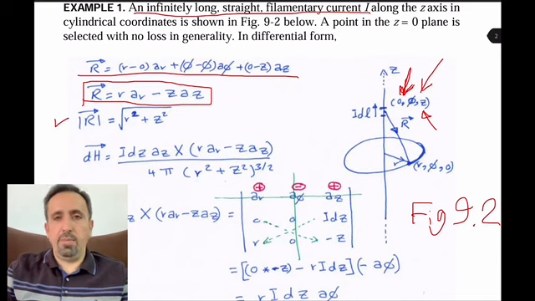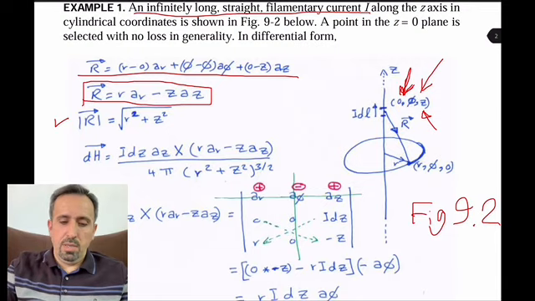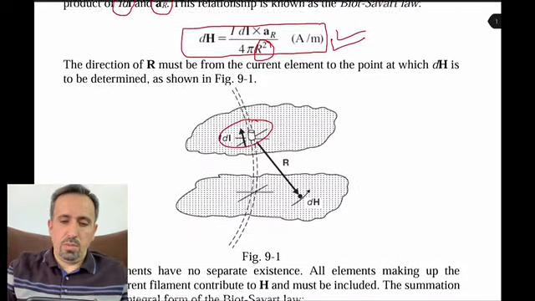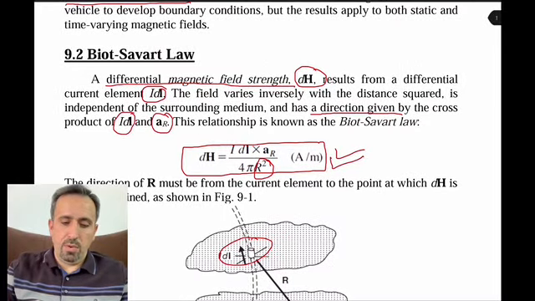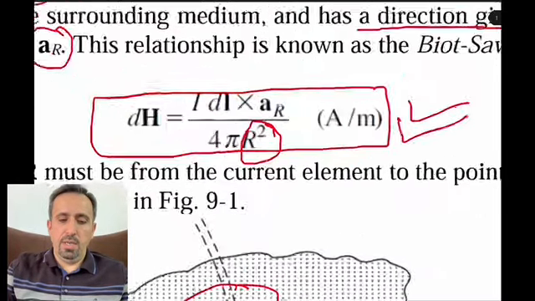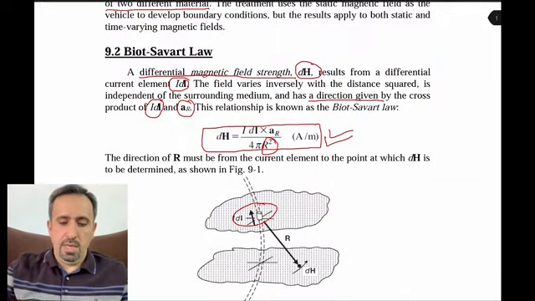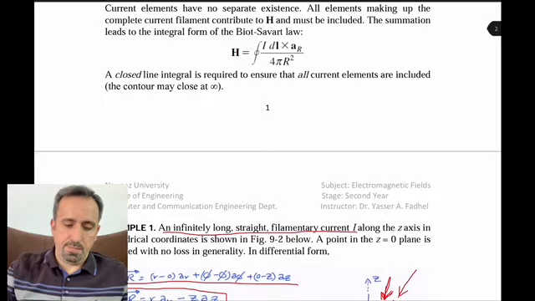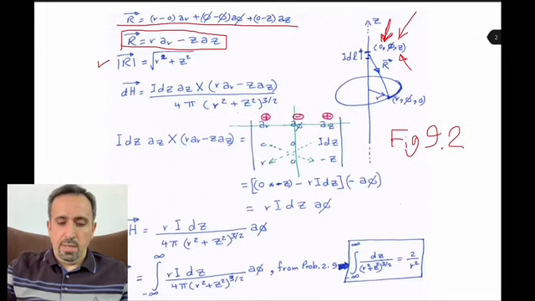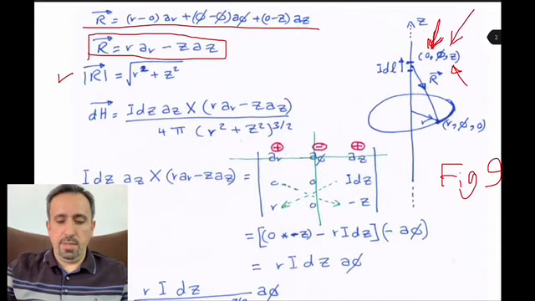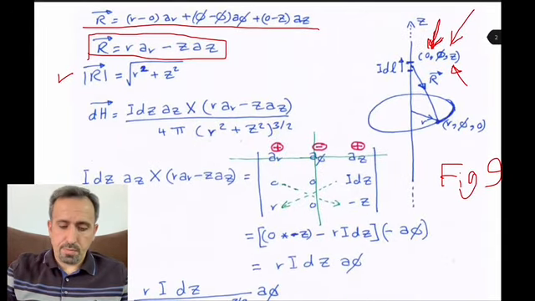Because in the Biot-Savart law, you will divide by r squared, as we previously talked about here. If you look at whatever you have here, it is in italic form, meaning that it is the magnitude of r, not the vector form. So by having all of these things, you can substitute in the Biot-Savart law, and the substitution will be like that.